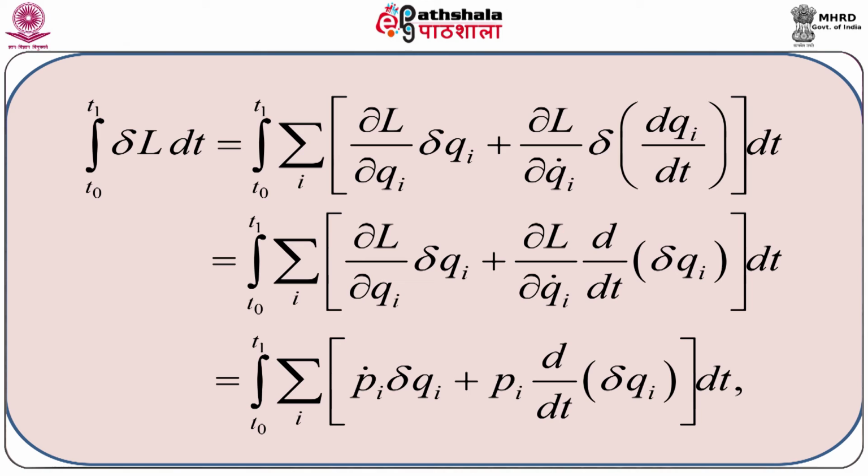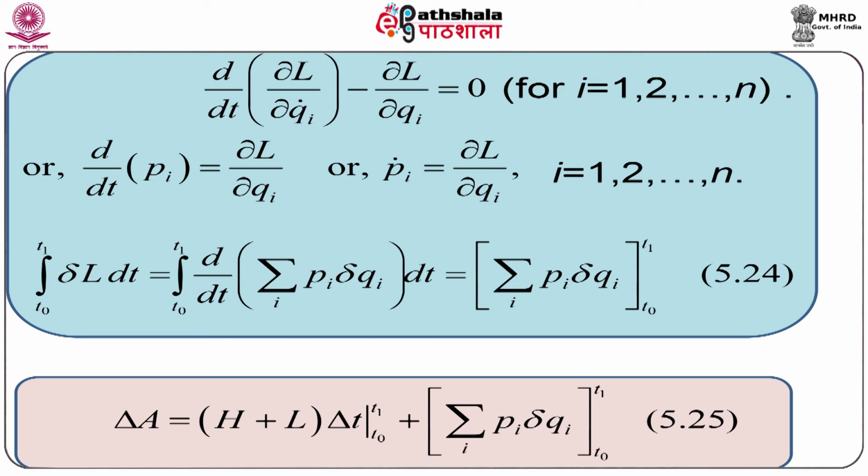Since the last integral holds for actual motion, for which we have from Lagrange's equations of motion d/dt of ∂L/∂qi dot minus ∂L/∂qi equal to 0 for i equal to 1, 2 up to n, or d/dt of pi equal to ∂L/∂qi, that is pi dot equal to ∂L/∂qi, i varying from 1, 2 up to n.